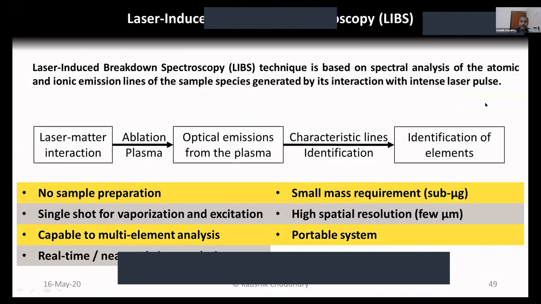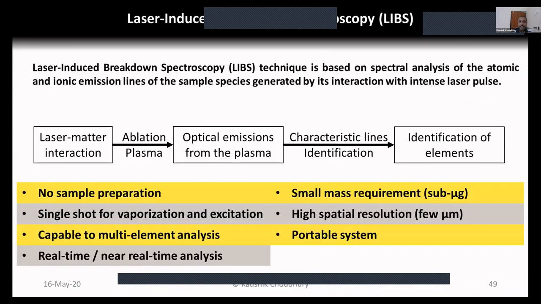What it does is, when the laser interacts with matter, it creates plasma, and plasma means there are neutral atoms, electrons, and ions, and there are atoms and ions at different states. So when plasma formation occurs, over time the elements return to their native elemental state, the ground states, and in due course there is a wide spectrum of emission, from far UV to far infrared.